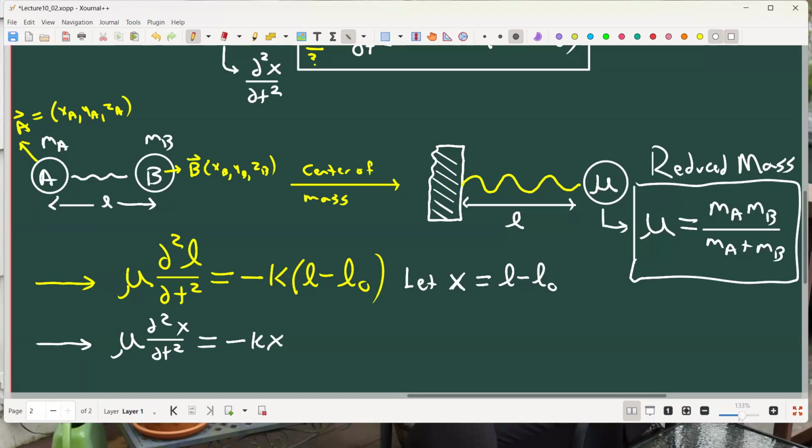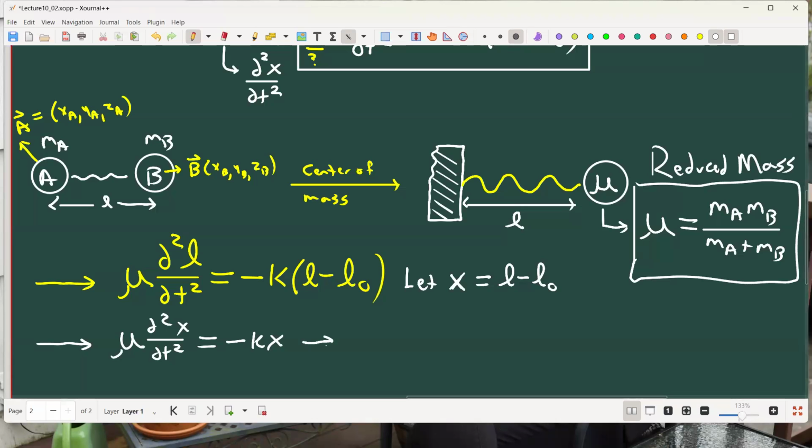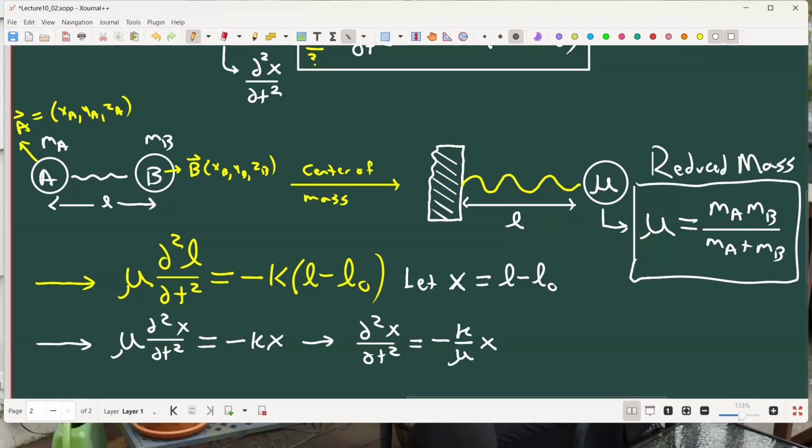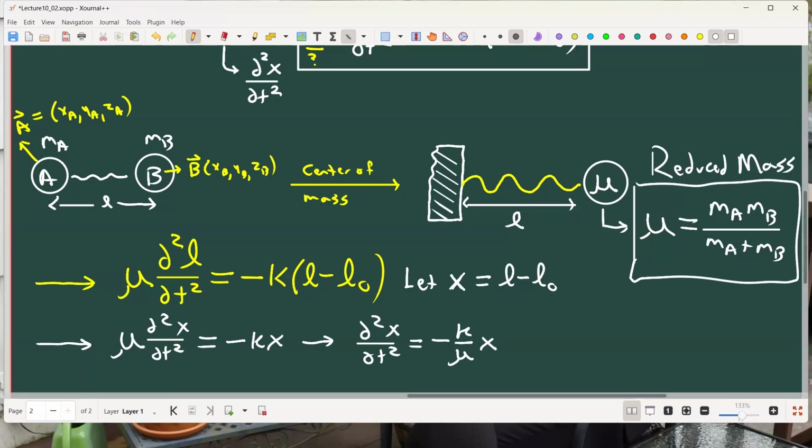Okay. So let me just rearrange and simplify this just a bit. What it says is that if I take the second derivative of my position with respect to time, I get the position out times this force constant divided by this reduced mass.